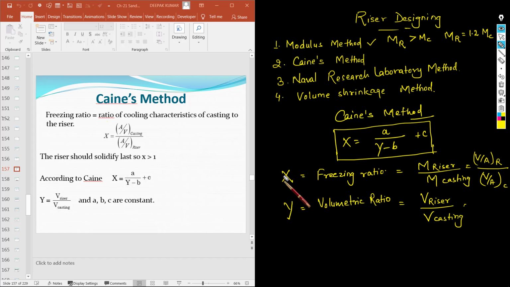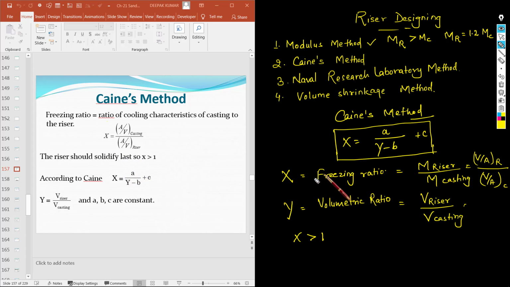As soon as you remember x is always greater than 1, obviously the modulus of riser should be in the numerator, and the modulus of casting in the denominator. So in this way you have to memorize these things. So x is always greater than 1, then only the riser will solidify last.